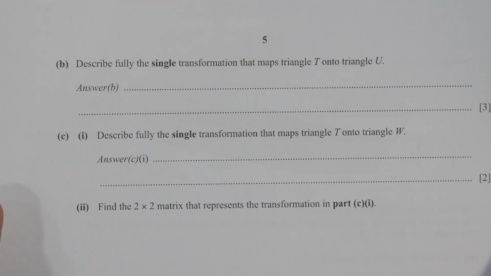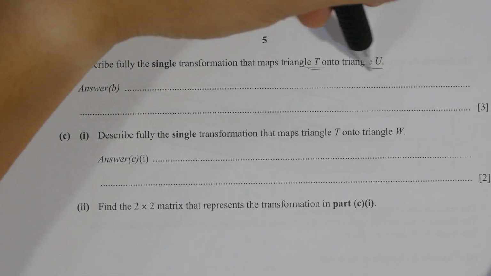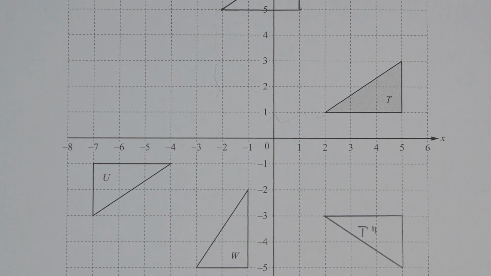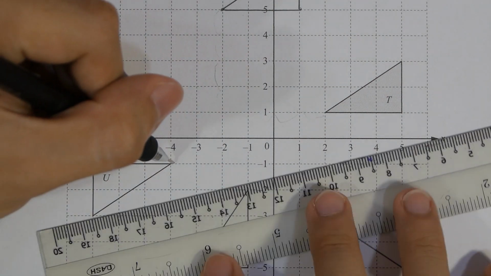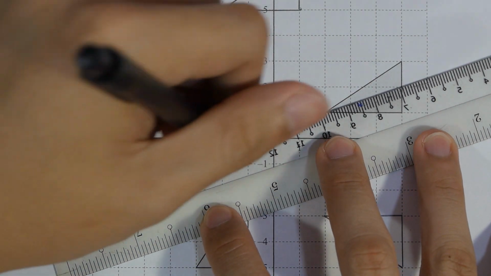Part B. Describe the single transformation T to U. It is a rotation of 180 degrees clockwise from the center of rotation (-1, 0).